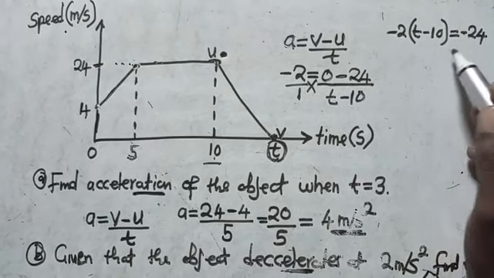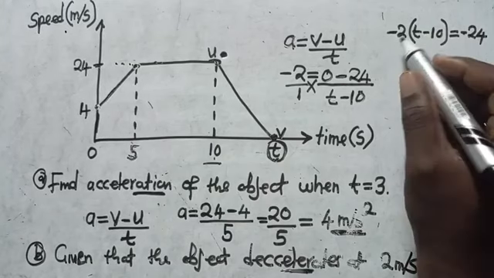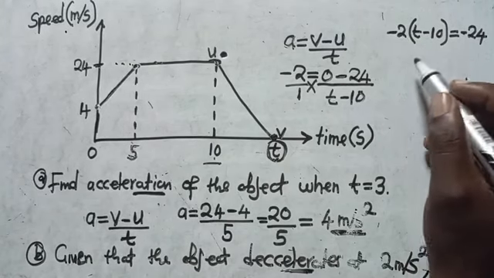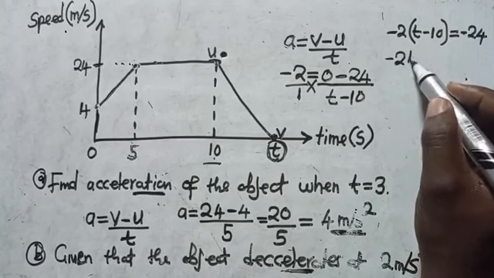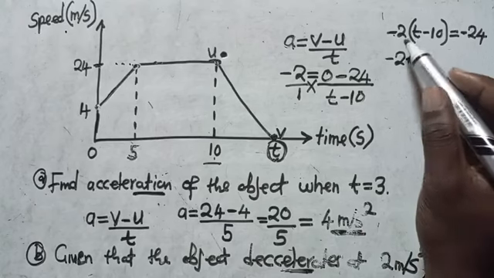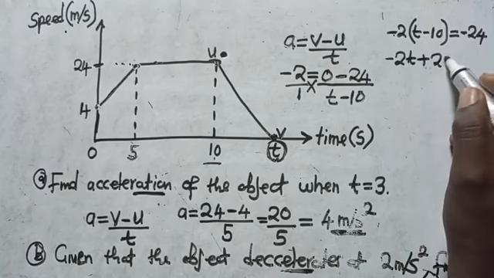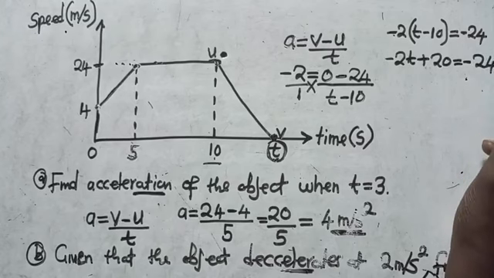How then can I solve this equation? I just need to say negative 2 times t, that is negative 2t. Negative times negative is positive, 2 times 10 is 20, which is equal to negative 24.